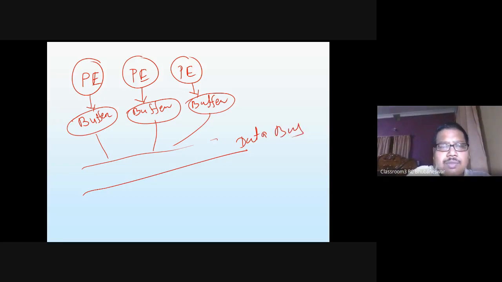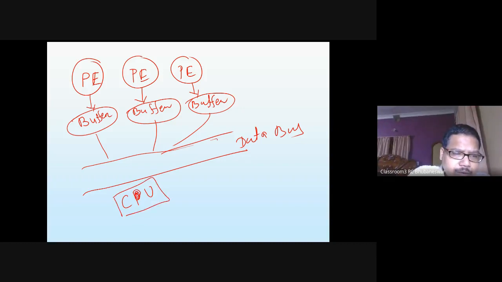So this common bus is connected to all the processing elements, and after that we have the control. Here we have the control unit. We say control unit rather than CPU, because the processing elements are here and this will be your control unit.